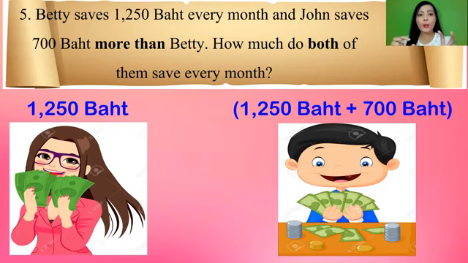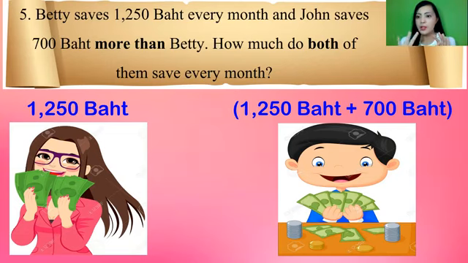So before we can find the money together from Betty and from John, we need to find how much money does John save first. Okay, after we find the money that John has saved, then we can add Betty's saving plus John's savings. All right, so I hope you get that.